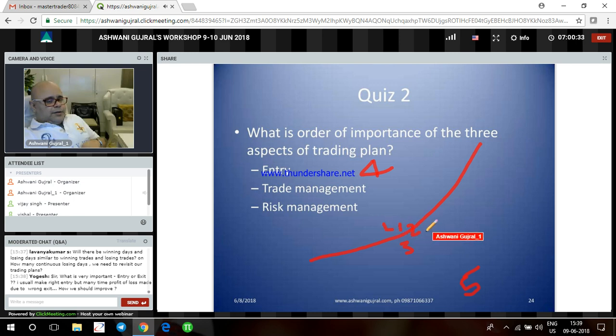Light, light, medium, heavy. This is not the place you should be buying. The same applies to 200 or any other average.